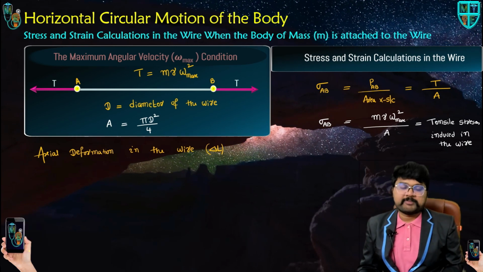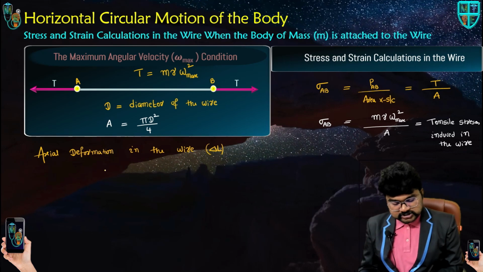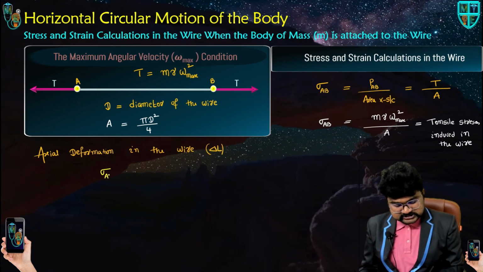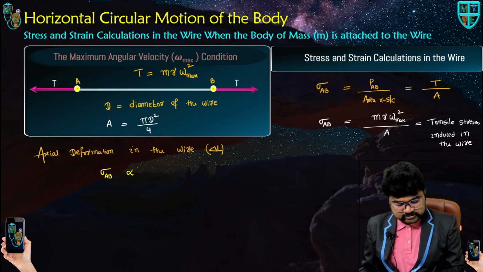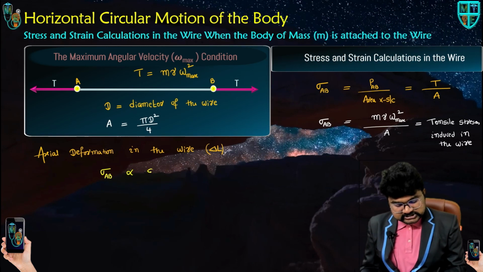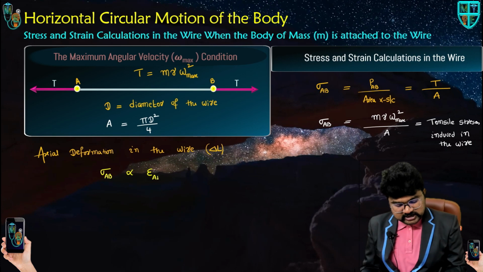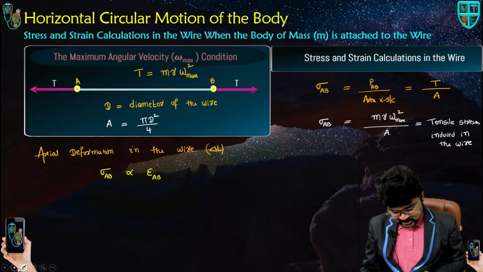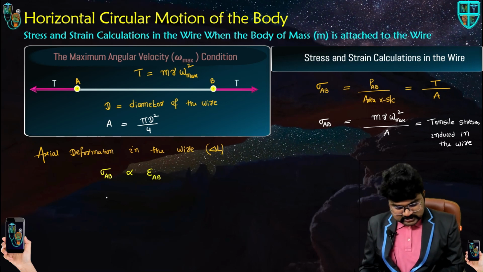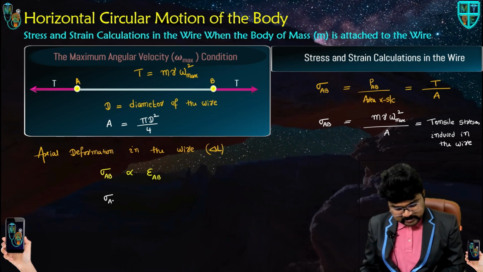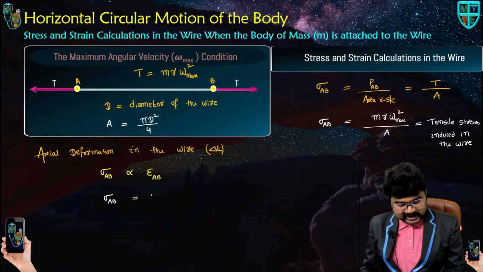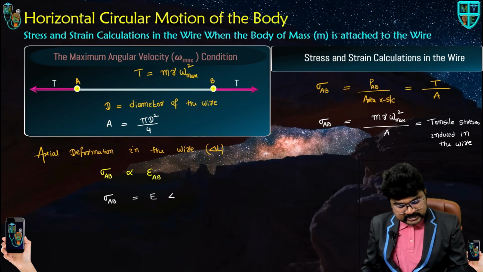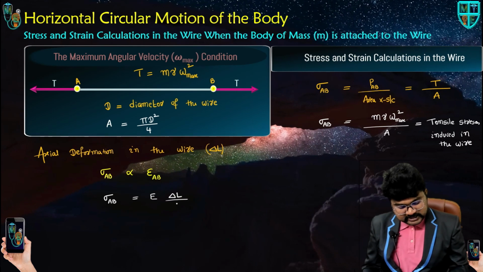For that, we need to apply Hooke's law. Hooke's law is nothing but stress is directly proportional to strain induced in the member AB. Here, sigma AB equal to Young's modulus of the material times delta L by L.